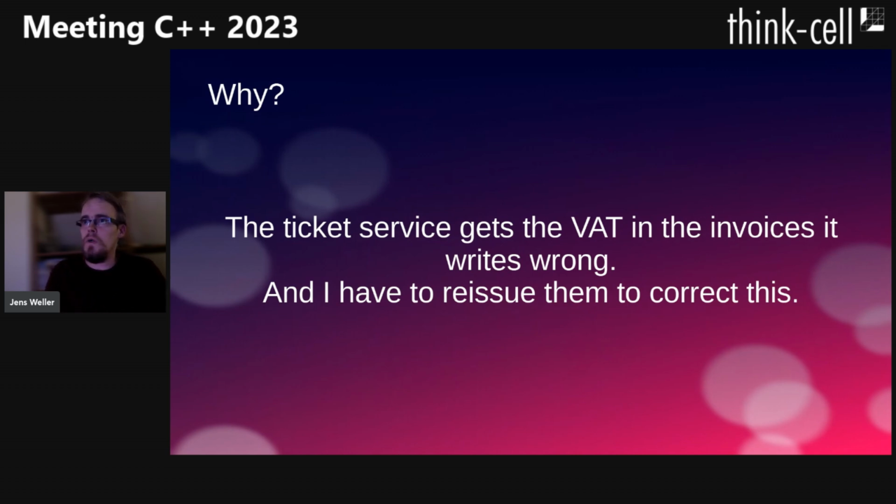And so I had to create code in the next step to write those invoices, which is a different process. And by the way, I couldn't tell that in summer because it didn't happen, but in mid-September, the ticket service suddenly wrote the invoices correctly, because seemingly too many people told them that there was something wrong with their invoices, and they finally figured out that it was right.